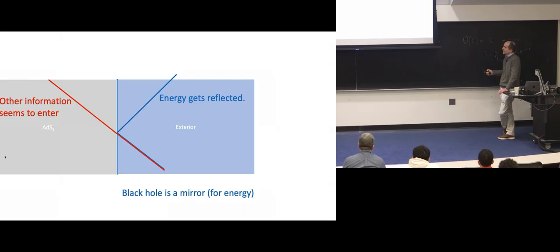And some other information that was carried by this particle continues to the black hole region. So from the point of view of the excitation in the CFT, that excitation just travels through, goes into the interior, doesn't realize anything is going on. But somehow the energy has been taken out and sent here to the exterior. So that's what we get in this regime.